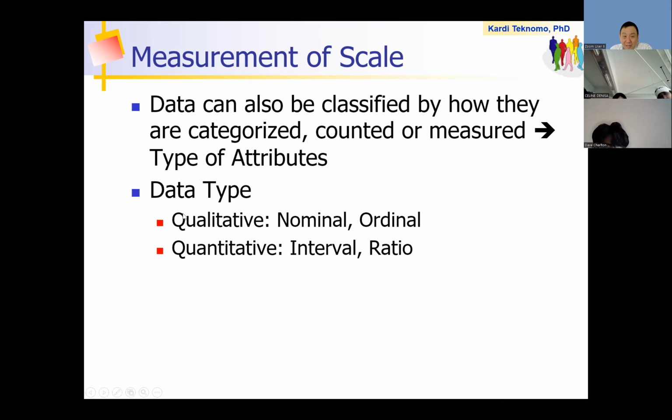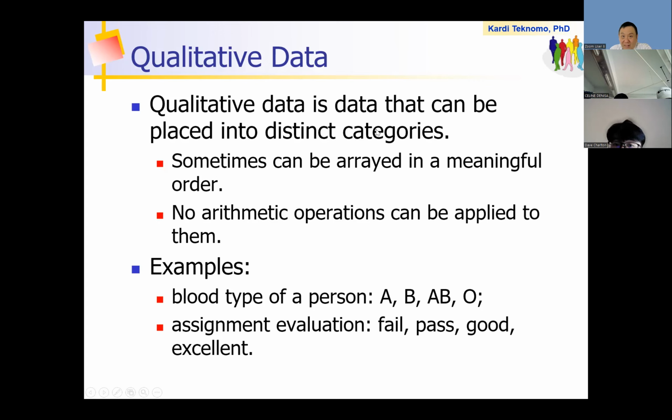There are two types: qualitative and quantitative. Qualitative consists of two, nominal and ordinal. Quantitative consists of two, interval and ratio. Qualitative data is data that can be placed into distinct categories, sometimes arrayed into a meaningful order, but no arithmetic operation can be applied to them.